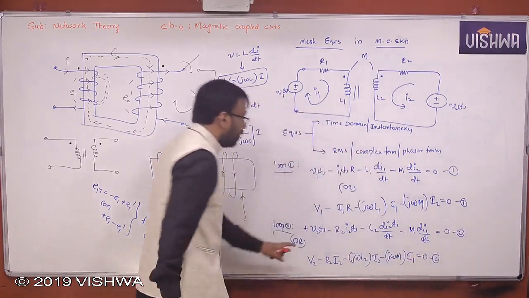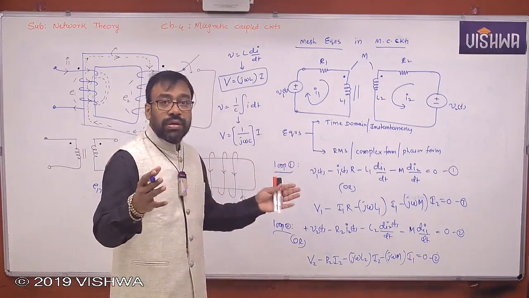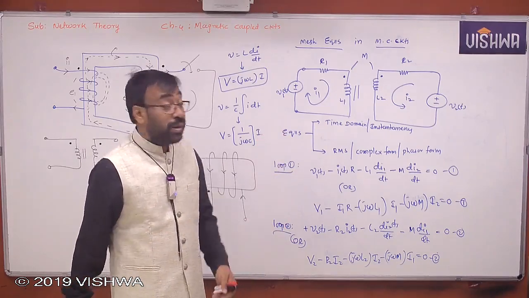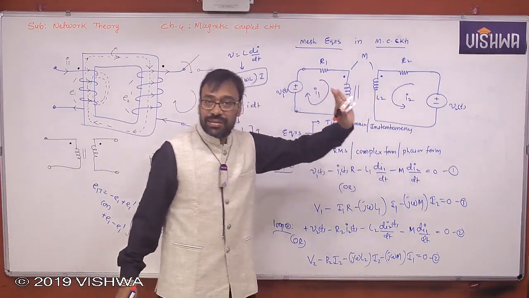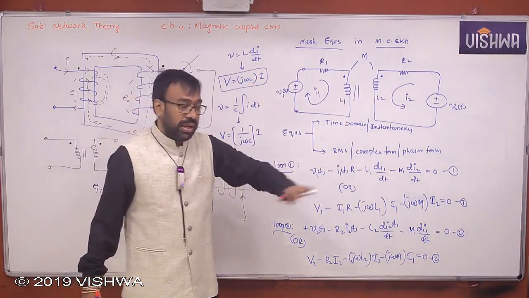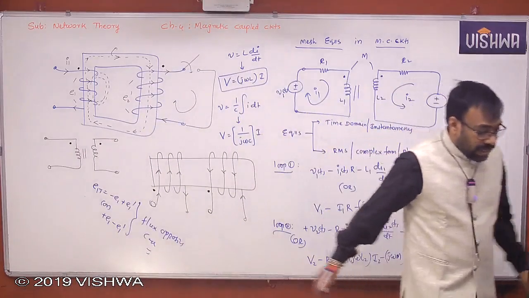So once you know the complex form, you can go for Cramer's rule and simplify what is I1 and I2. Once you know I1, I2, anything that you want, you can calculate. Understand, all of you want to find current, voltage, power, anything you can find. Please note down that quickly, all of you.